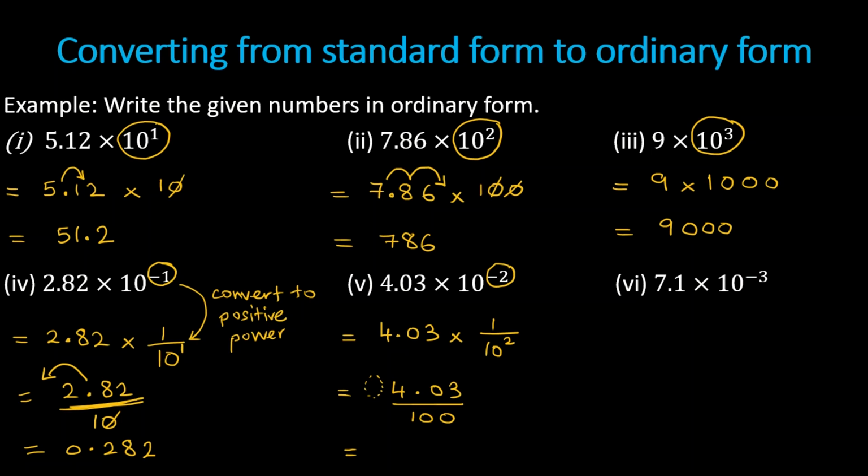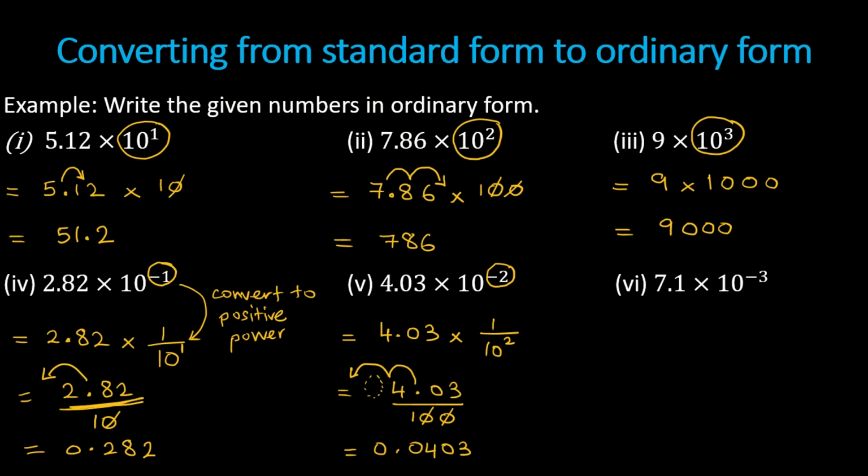Before moving the decimal, let me include 1 0, then I will move the decimal by 2 decimal places because I have 2 zeros here. 1, 2, so my answer is 0.0403.